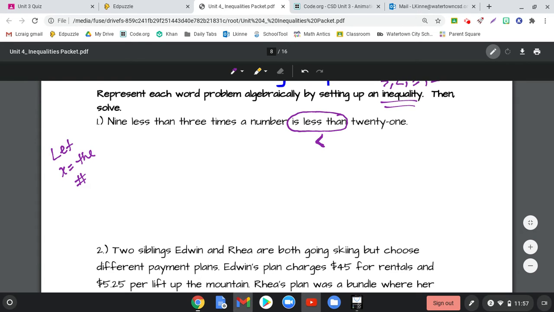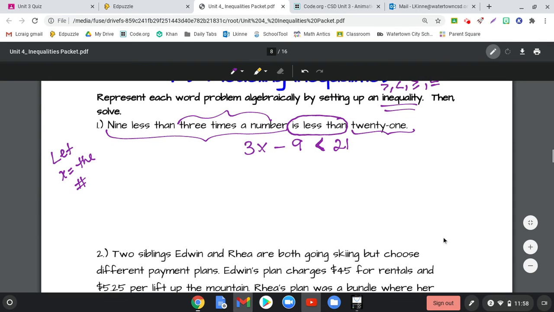All right. Anything that comes before it goes on the left. Anything that comes after it goes on the right. So the only thing on the right-hand side is 21. Over here, 9 less than 3 times a number. If I'm doing 9 less than something, I have to start with the something. So 3 times a number, we said x. 9 less than that, minus 9.